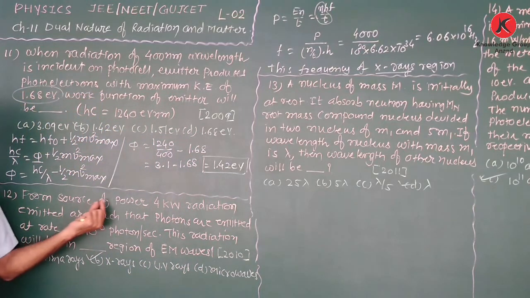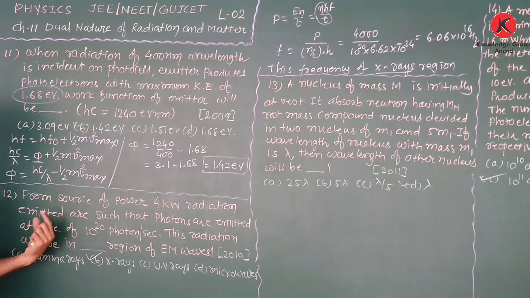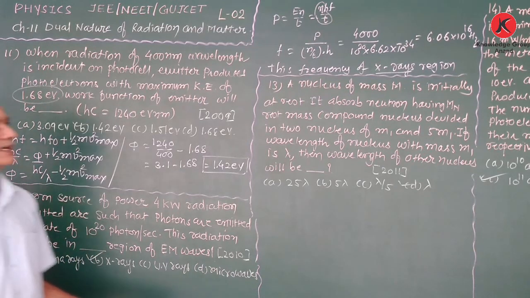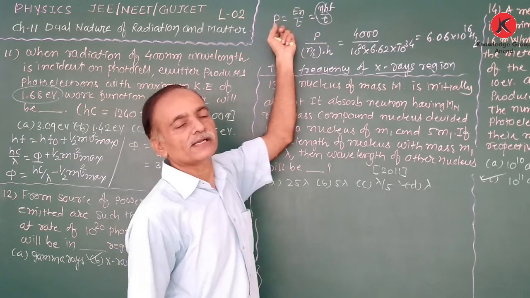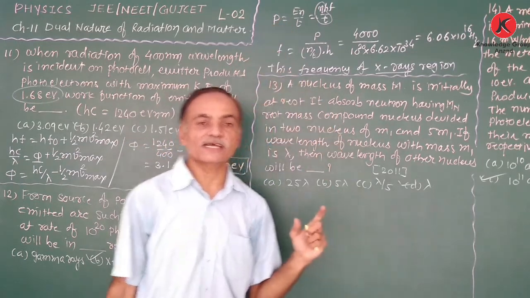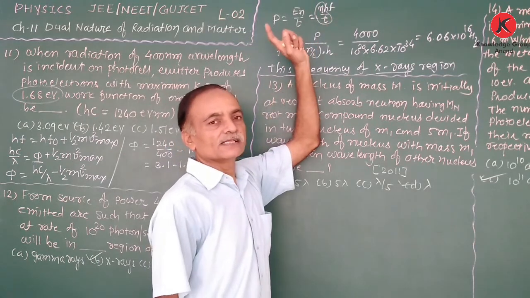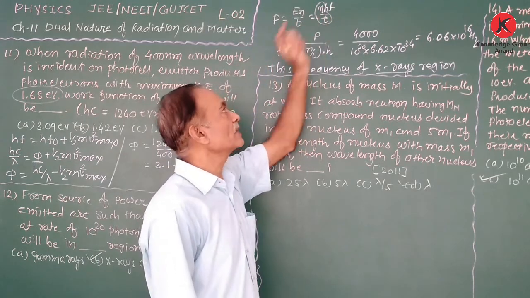Again, from a source of power 4 kilowatt, radiation is emitted such that the photons emitted per second is 10^20. In which region will this radiation be? Here the power is given, and we know that power is equal to energy radiated per unit time, E upon t. In this energy, suppose n photons, and one photon has energy hf, therefore total energy is n h f upon t.